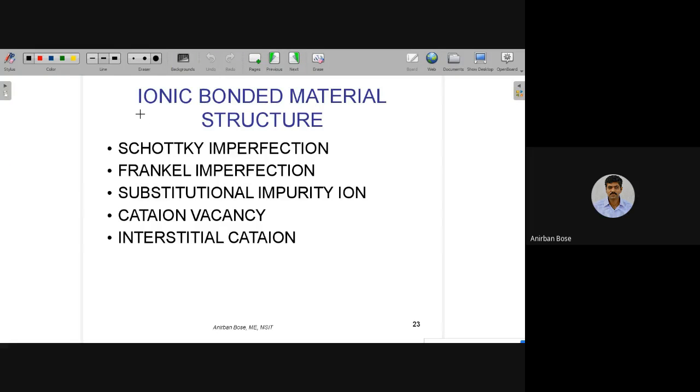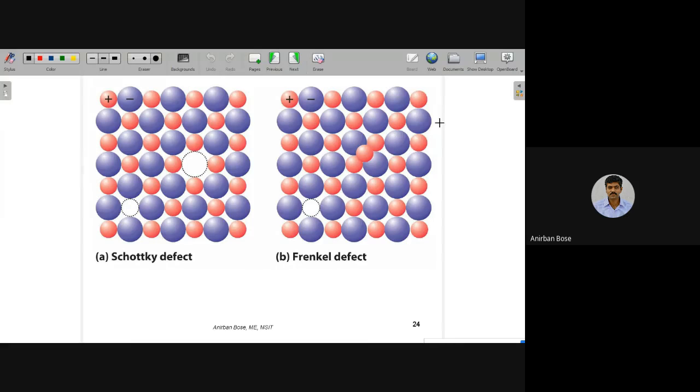This is the ionically bonded material structure. The more common point defects are Frenkel and Schottky imperfections. Remember, in ionically bonded materials the atoms are joined by ionic bonds, where the cation and anion, like in sodium chloride, sodium plus and chlorine minus, form a particular molecule.